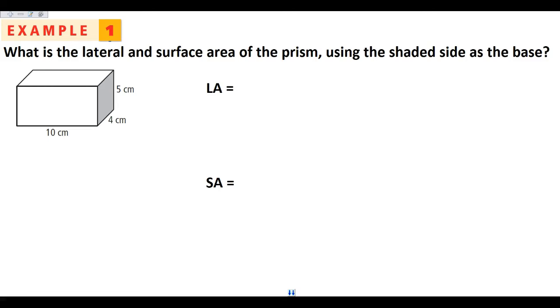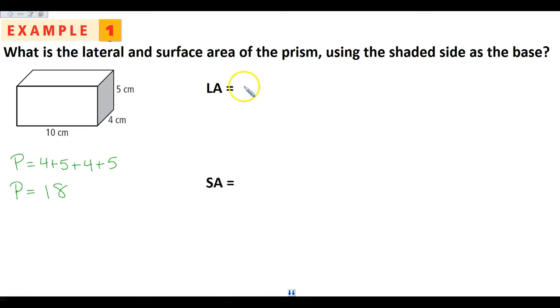So let's take a look at what we're doing here. We want to know the lateral area and the surface area of the prism using the shaded side as the base. So this is my base. My lateral area is perimeter of the base times height. The perimeter of my base is the sum all the way around, so 4 plus 5 plus 4 plus 5, which is 18.